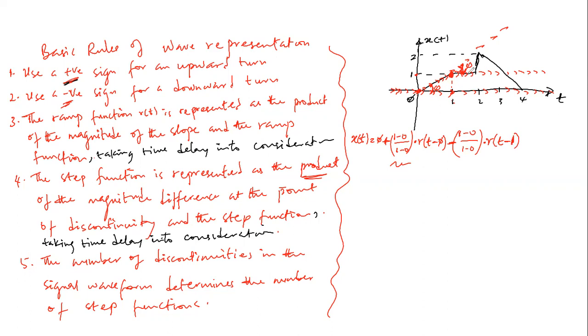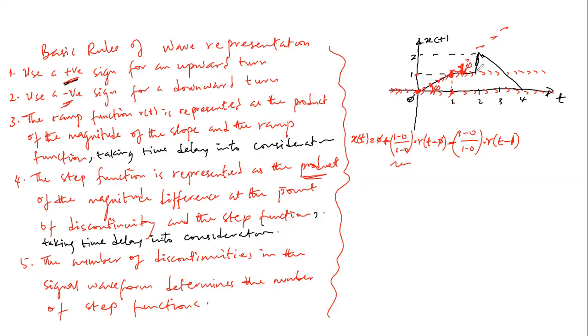Okay, all the way. And recall that step 5 says the number of discontinuities in the signal waveform determines the number of step functions. And you see that here we have just one discontinuity. This goes all the way, then this is the first and only discontinuity here.